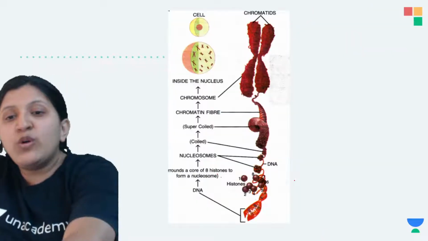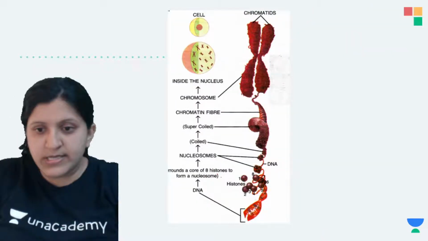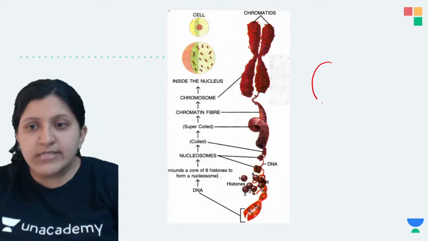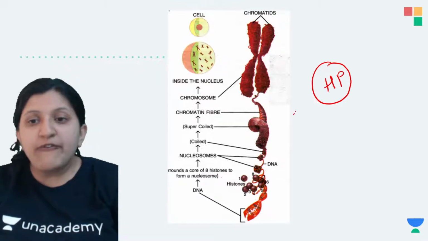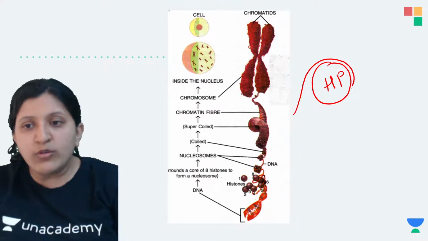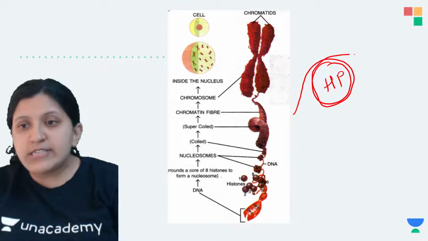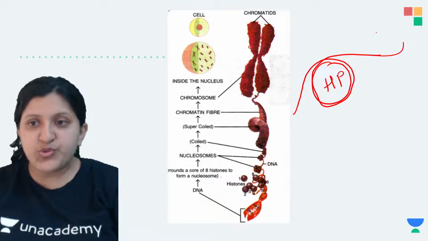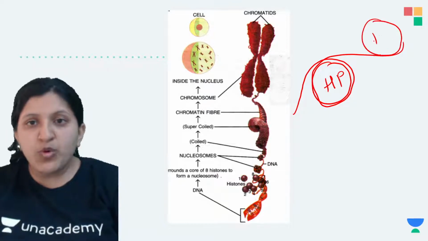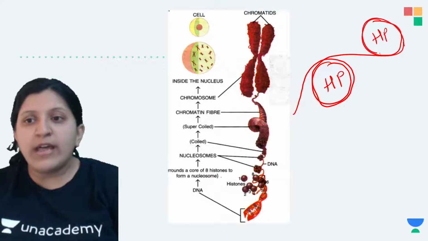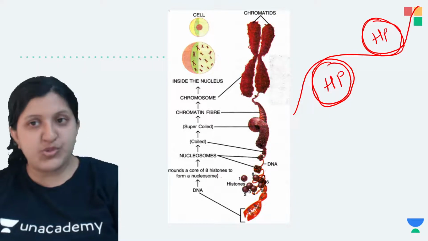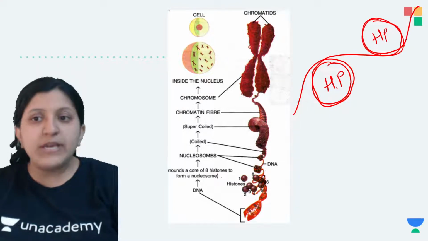So it looks like this. I'll just show you this. This is a histone protein. Now when DNA is coiled around this structure, it looks as though there is a bead on a string model. Let's say here one more histone protein is there. This particular DNA is coiled around this. So now this bead is there and DNA is there.